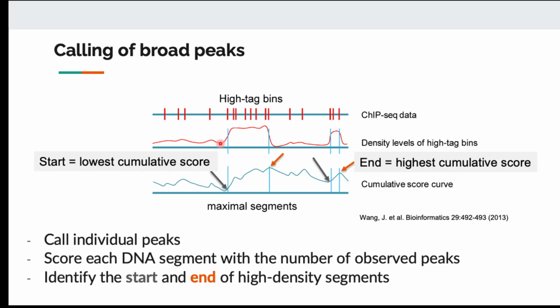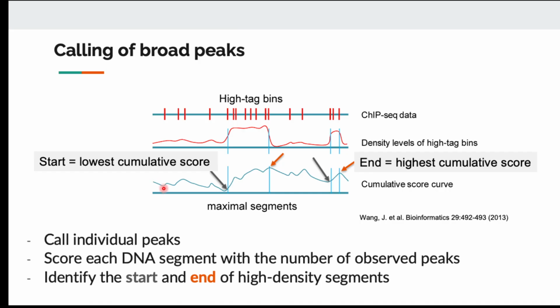So we want to identify this region as a single peak, not as 7 peaks. And we want to identify this region as a single peak, not as 3 peaks. So one idea that we will see again is we want to calculate a cumulative score going from left to right. Let's see if we can make sense of this.